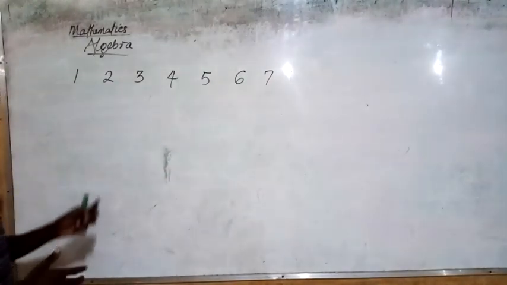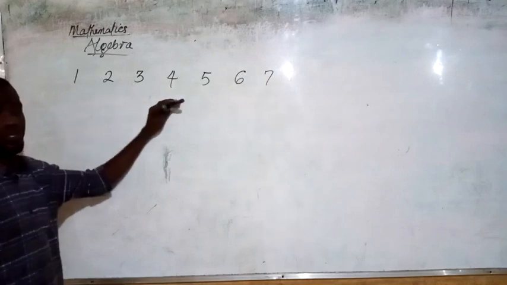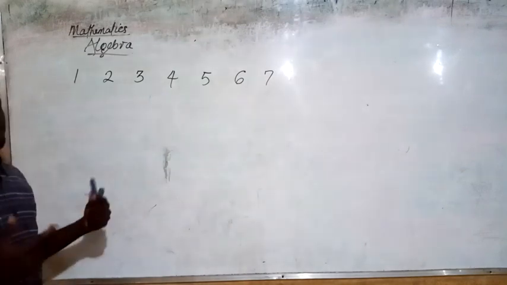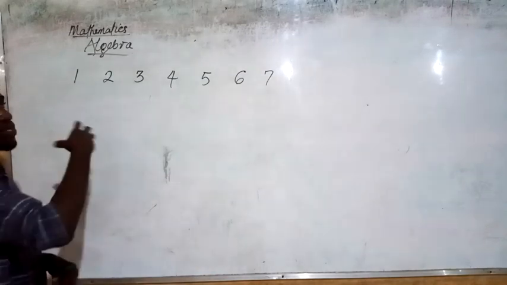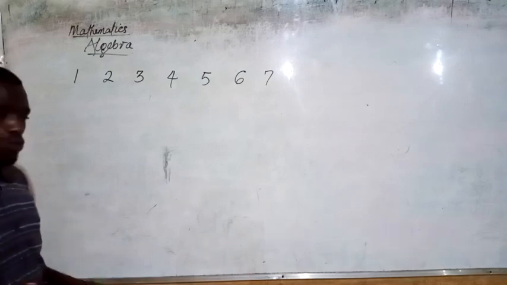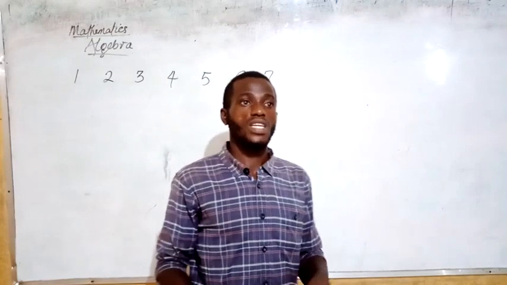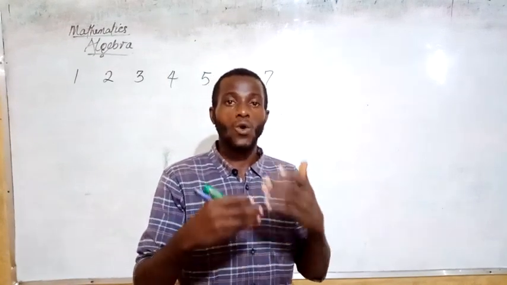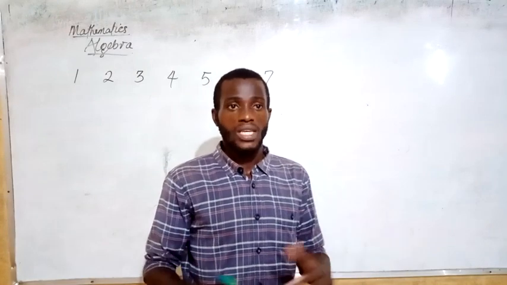Now, if I were to make this into an algebra, let's say I don't know what my number is, and I want to create this sequence in algebra. What I want to do is think of what item that algebra represents. For example, I don't know the number.